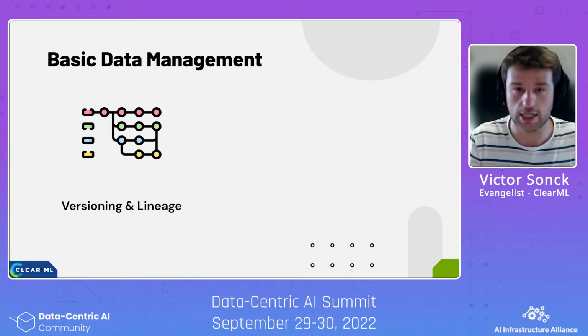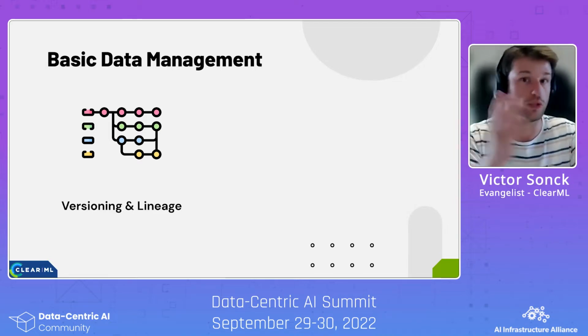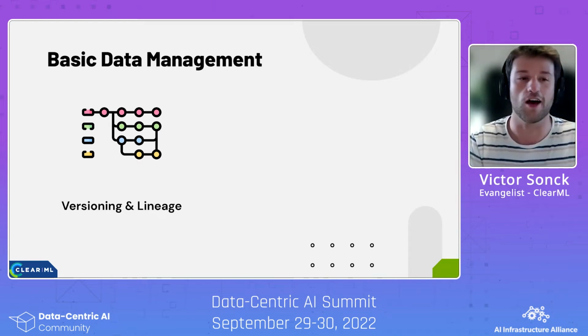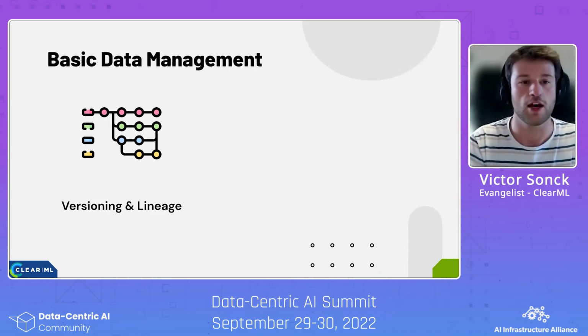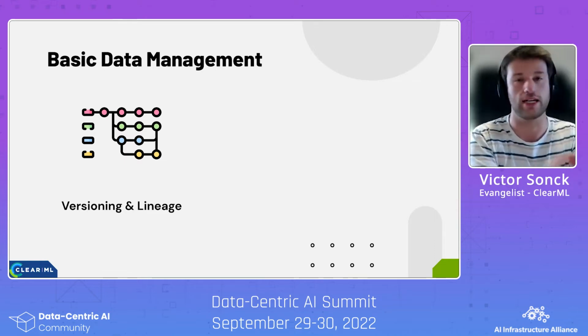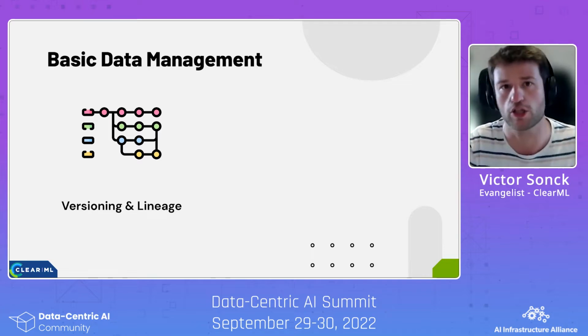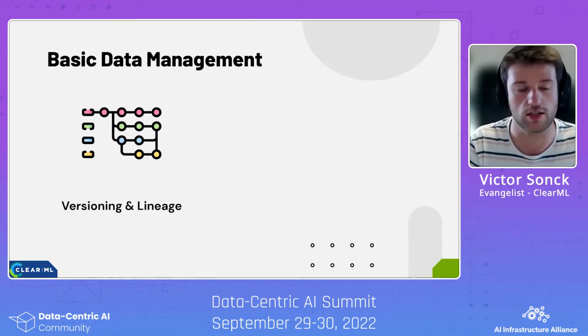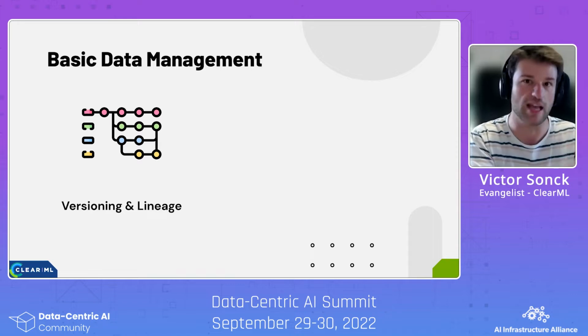It's a bit like Git, but there are several things that you would do with code that you wouldn't do with data. Still, the feeling is kind of the same. The idea there is that you can always go back. You can always have visibility in what data was added. It makes it easier for a person coming into the project to see what it's all about. That's the very basic stuff you need.